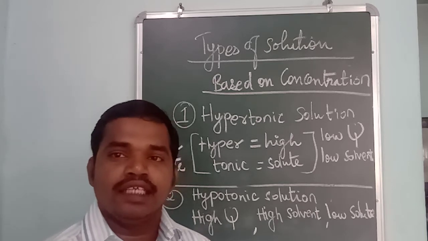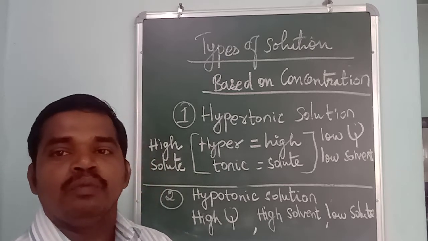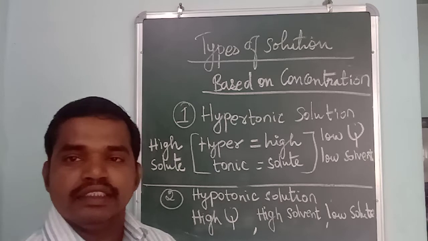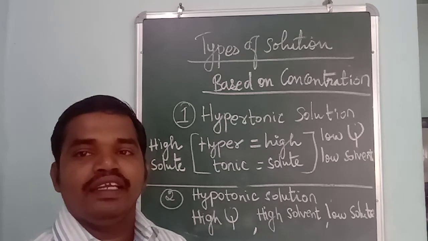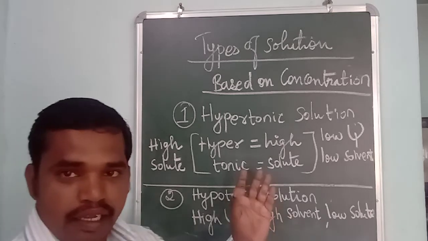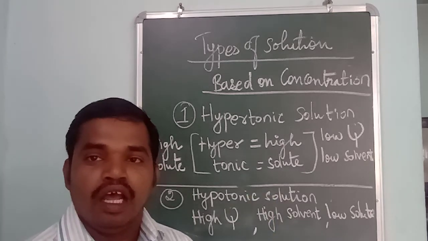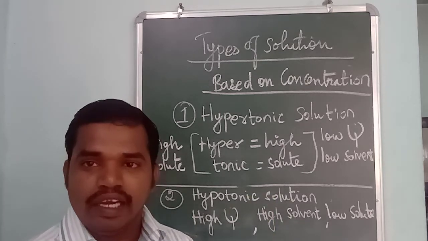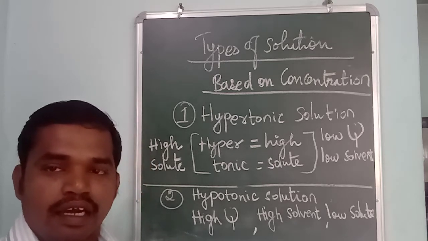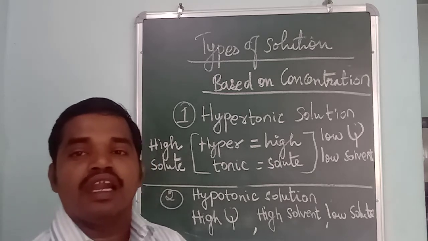In this solution, the water potential is very low. Low water potential and low solvent, and high solute molecules are present. So in hypertonic solution, water potential is very low and solvent is very low, but high solute molecules are present.